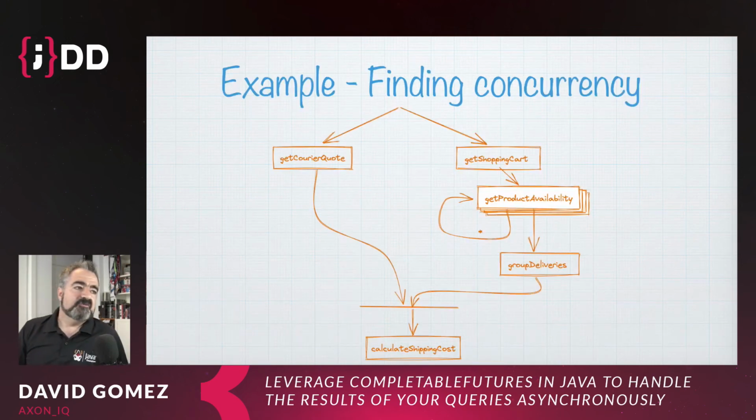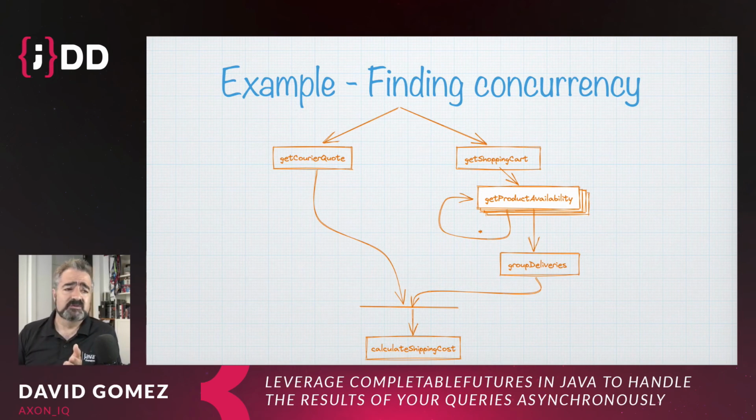So a first way in which we could improve that is by, for example, trying to get the courier quote in parallel. So we will create two tasks, one to get all the information about the deliveries, and the other one to, in parallel, try to retrieve the cost of the delivery.